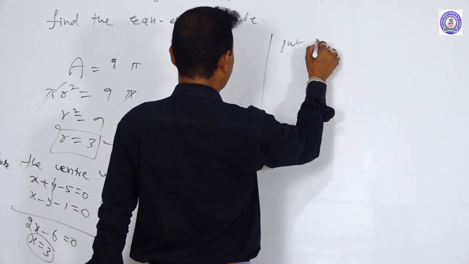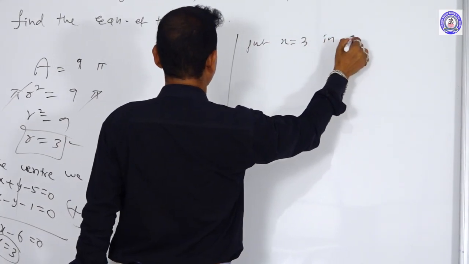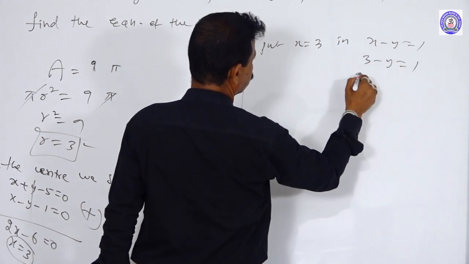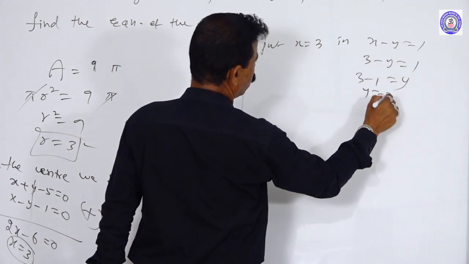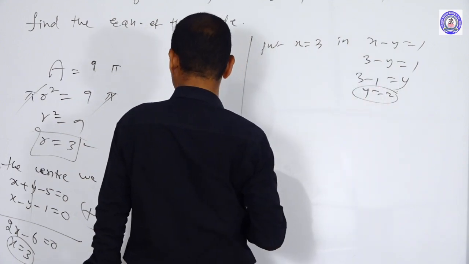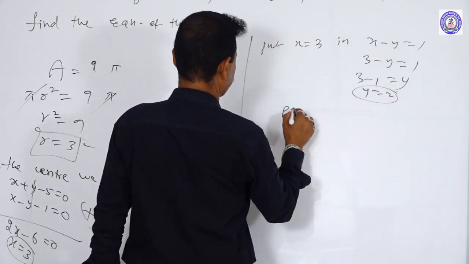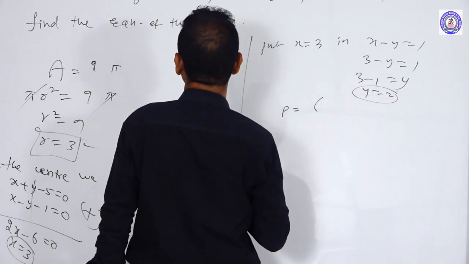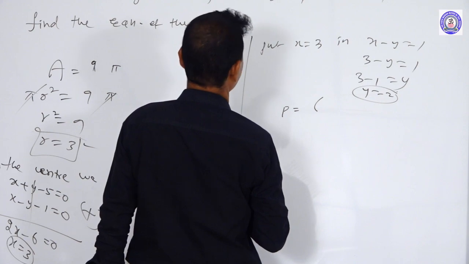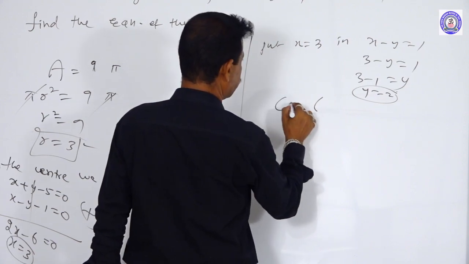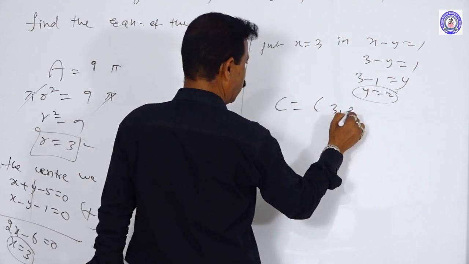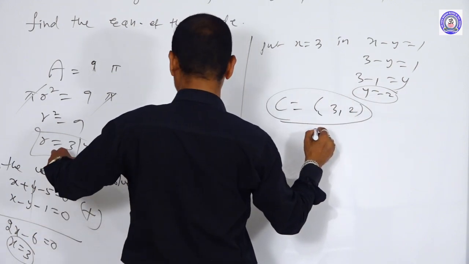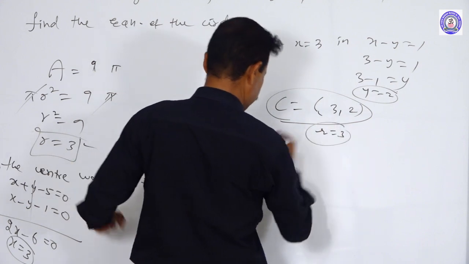Put x is equal to 3 in x minus y is equal to 1. 3 minus y is equal to 1. 3 minus 1 is equal to y. Y is equal to 2. So the center is C is equal to 3, 2. After that, already we got R is equal to 3, the radius.